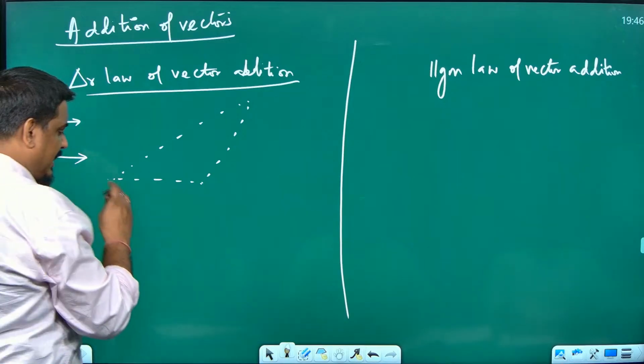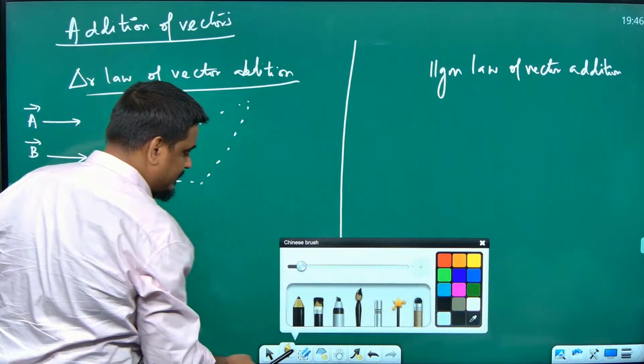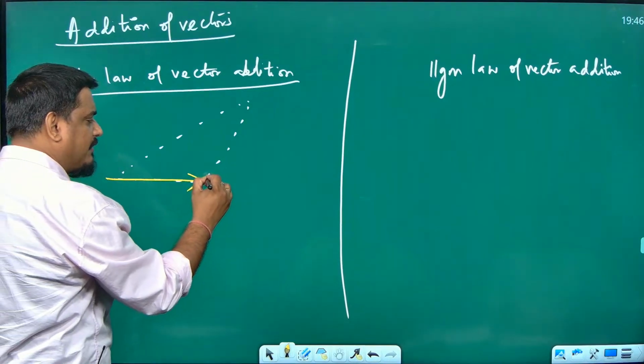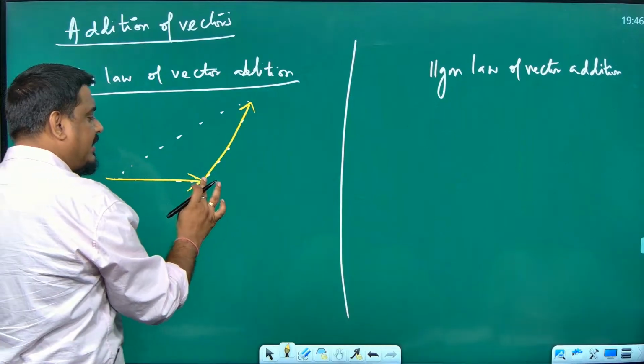For example, if I keep my vector like this, head is here, now tail will start, tail, head, head.